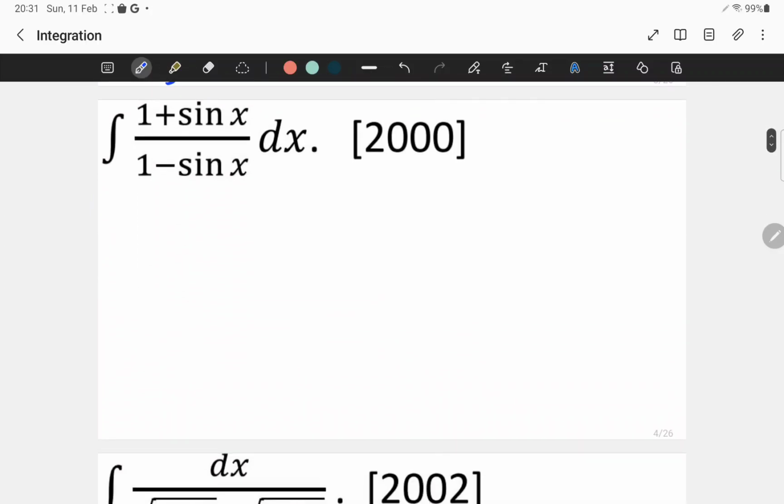Let's solve the third problem from the 2000 exam. Again we will do multiplication of numerator and denominator by 1 plus sin of x.